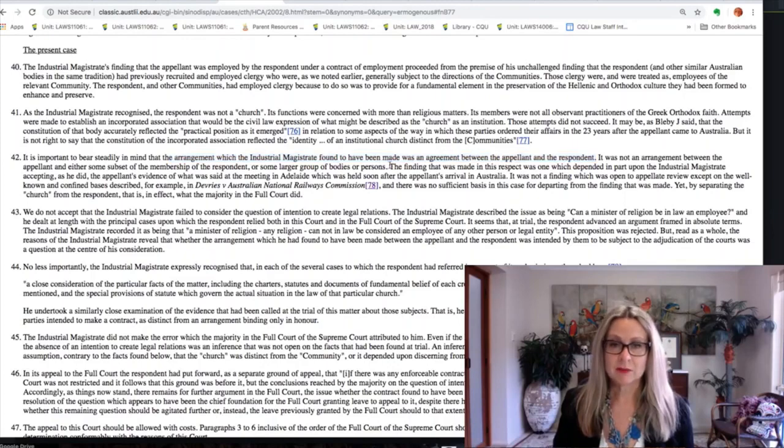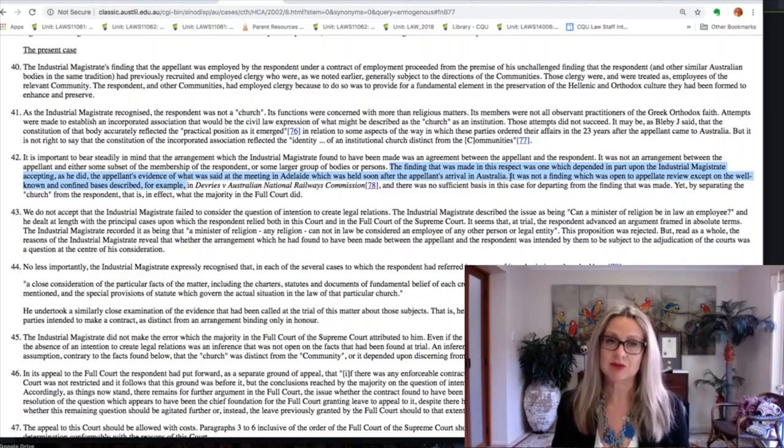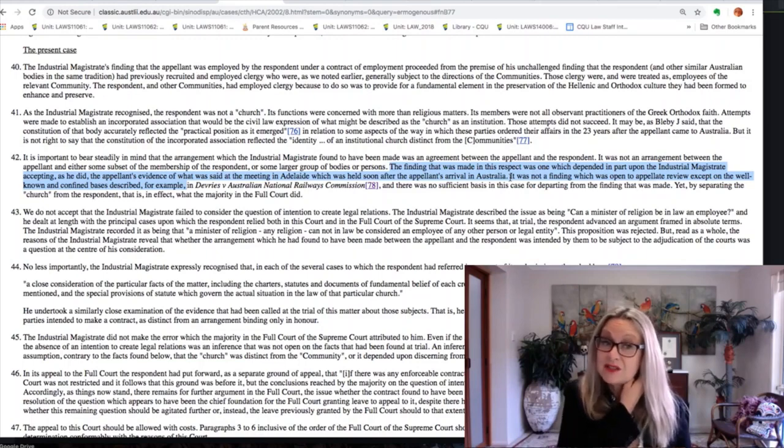That finding was based in part on the credibility of witnesses. What credibility of what witness? The appellant's, Homogeneous's evidence of what was said at the meeting in Adelaide that was held soon after the appellant's arrival in Australia. It was not a finding which was open to appellate review except on the well-known and confined bases described, for example, in De Vries.